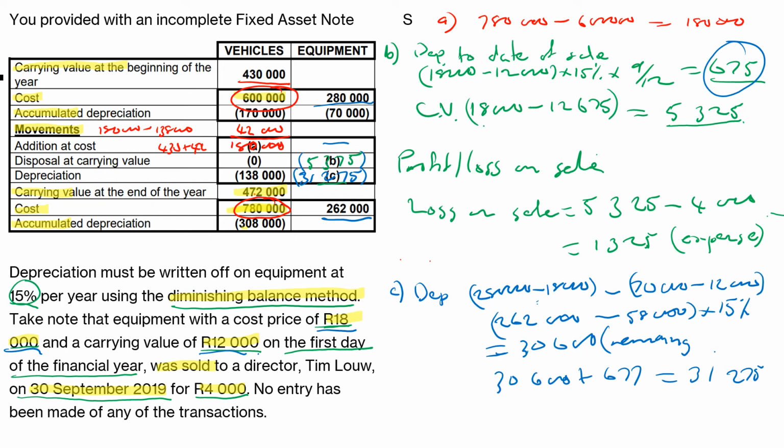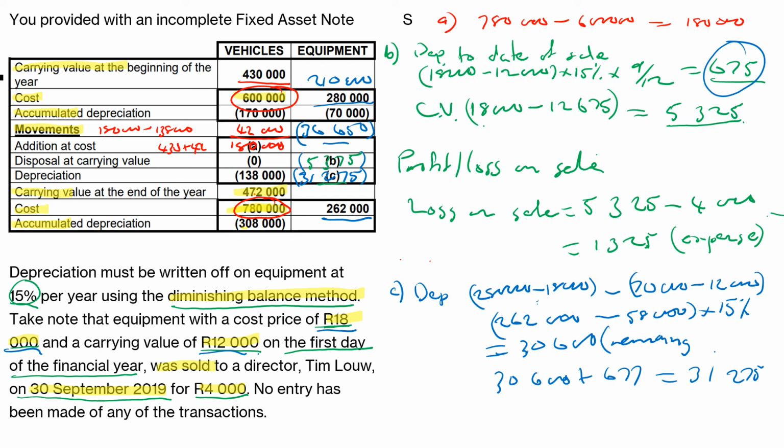So your total movement here will be 36,650. That's an outflow. Then your opening carrying value will be 210,000, that's 280 minus 70.